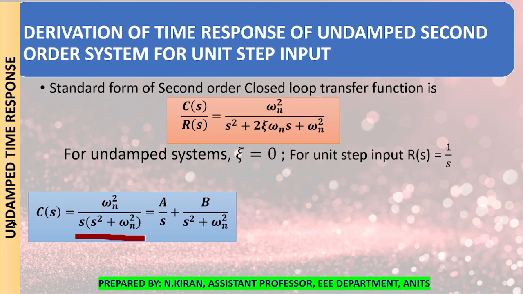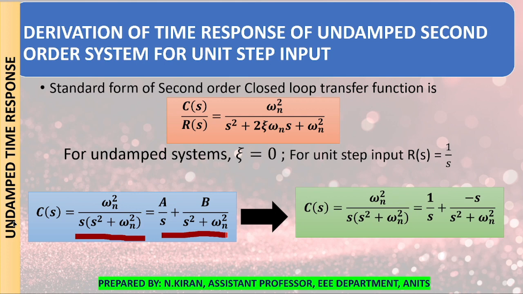That will give me C(s) as omega n square by s into s square plus omega n square. Upon partial fractions, that will give me A by s plus Bs plus C by s square plus omega n square. The values of A and B are 1 and minus 1 respectively.